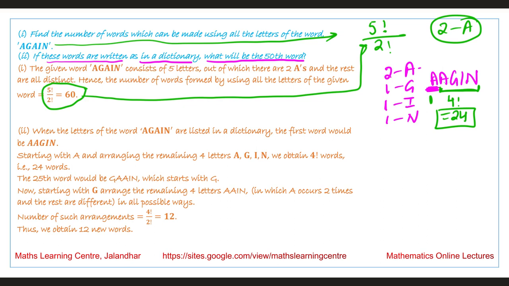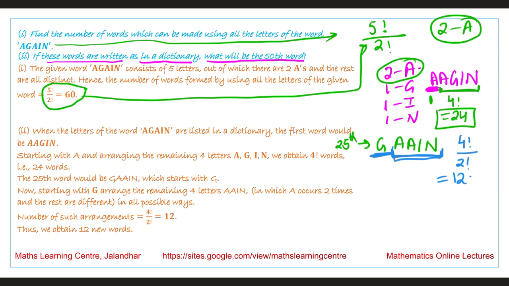So the 25th word will start with G, and it will be GAAIN. After this we will have 2 A, then I, and then N. If we fix the first position as G, in how many ways can these be arranged? We have 4 alphabets, out of which 2 are the same, so the answer is 4 factorial by 2 factorial, which is 12.